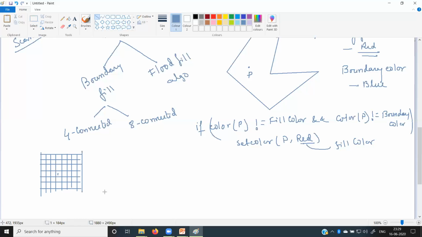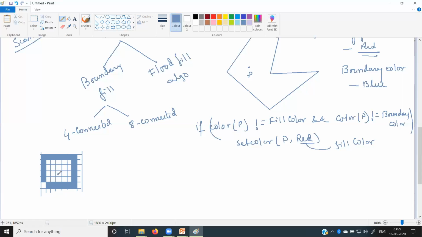So that's all. Consider this is my boundary color, so this is the boundary of the object. Now I want to fill the inside portion, and consider this highlighted point is the point P.